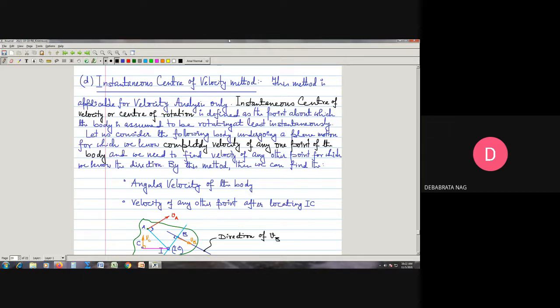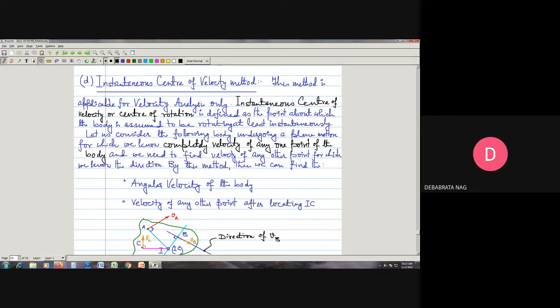Now, as the name suggests, this particular method is applicable only for doing the velocity analysis for a rigid body or for an assembly of rigid bodies. We can only calculate the velocity of a point belonging to a rigid body if we know certain information regarding it.